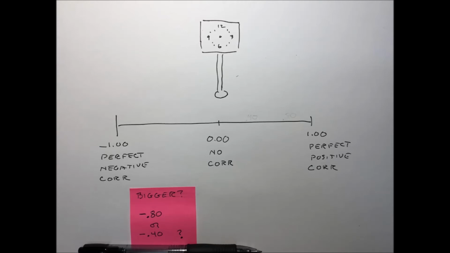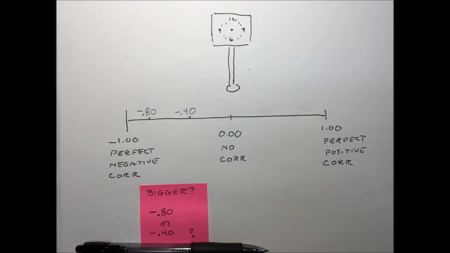Which is larger, minus 0.80 or minus 0.40? Which one is farther from the 0 point? Which one is closer to perfection? At which one has the pendulum of the clock swung farther? Minus 0.80 is farther from 0. Minus 0.80 is larger than minus 0.40 in correlations.